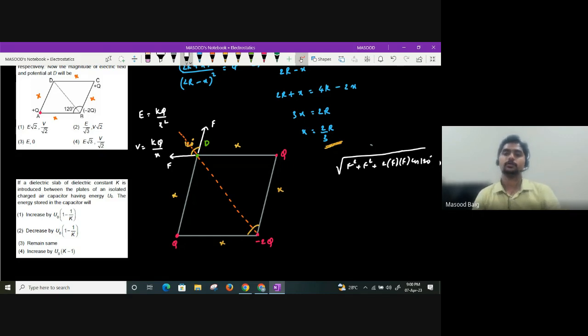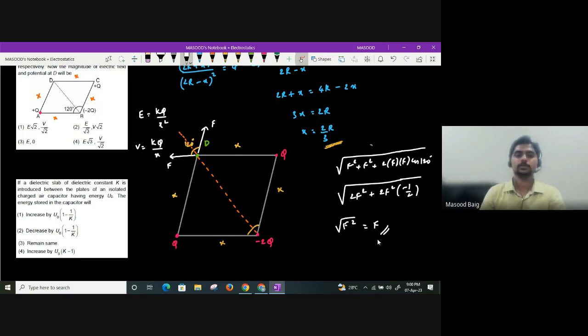Cos 120 can be written as cos of 90 plus 30, and cos of 90 plus theta is minus sine theta, so I'll get minus 1 by 2. So what will I get? Under root of 2f square minus f square, which is again under root of f square, equal to f. So the resultant of these two forces will be equal to f.